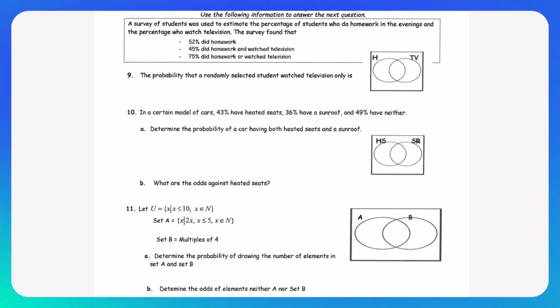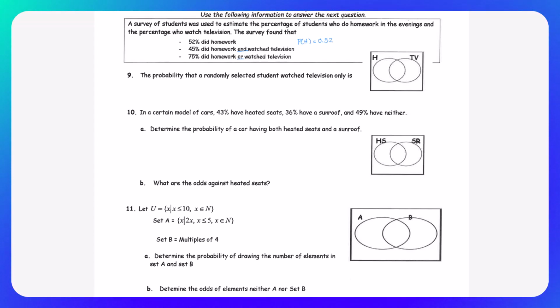So let's be careful of the and the or, because we know that 52% did their homework. We can convert that to a probability of homework. Let's do that right away before we even go into the question. The probability of homework, move the decimal 2 places to the left, is 0.52.